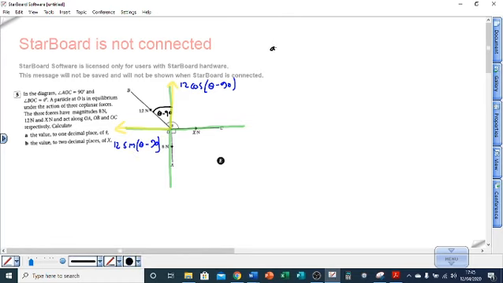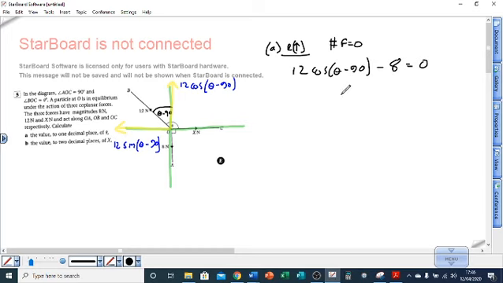So part A: I'm going to resolve vertically, upwards is positive, and I'm using net force equals 0 because we're in equilibrium. The only positive force upwards is 12 cos theta minus 90, and the only opposing force is my 8 newtons, so take away 8 newtons is equal to 0.